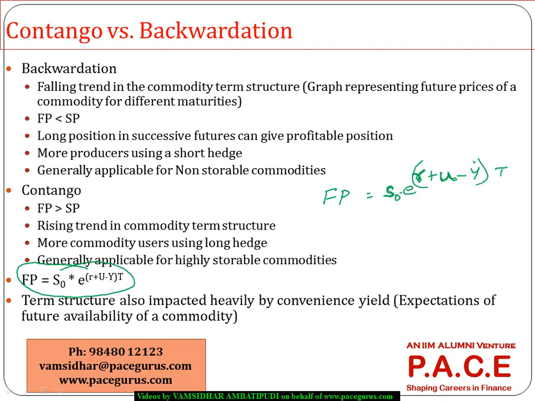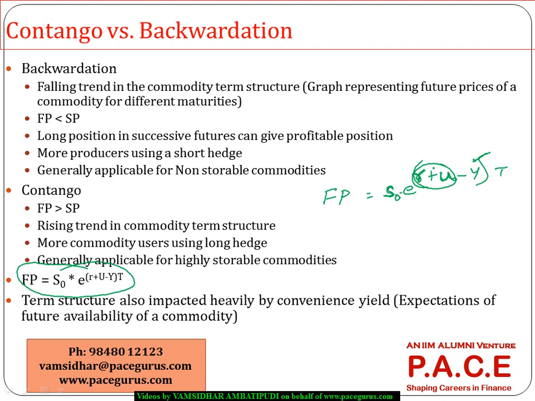So if the convenience yield is much higher compared to the risk-free rate and the storage cost, meaning it is really beneficial for me to hold the commodity, not because of its lack of availability in future or various reasons, but because there is a lot of monetary benefit in holding the commodity today rather than buying it in the future, I see that the convenience yield is much higher, which could result in a fall in the futures prices, which could result in a backwardation.